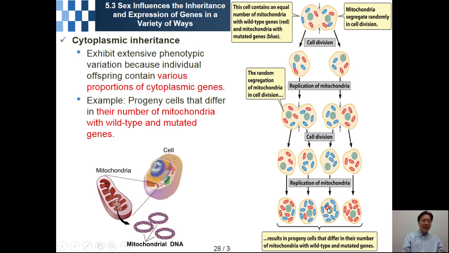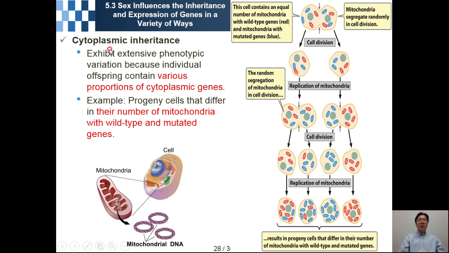In this cell, all of the mitochondria are blue, meaning mitochondria with the mutated mitochondrial gene. And this cell has all of them red, so it means this cell will have all of the mitochondria with wild type mitochondrial DNA.